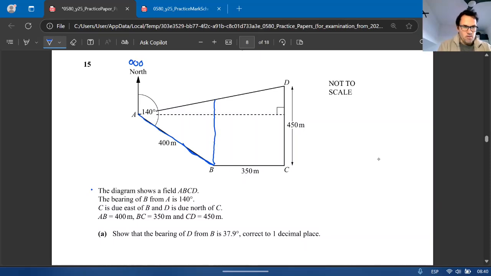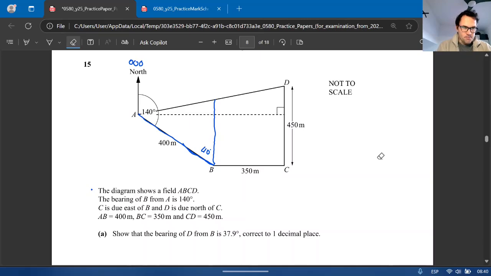And if you remember co-interior angles, because we've got two parallel lines, if this is 140, then this will be 40, because co-interior angles add up to 180. So already we have another angle here, which is 40. See, things are coming together there.